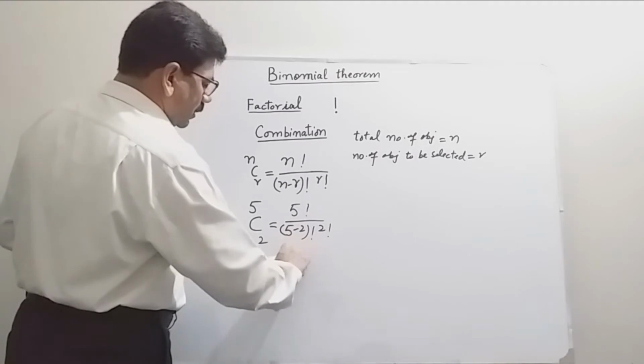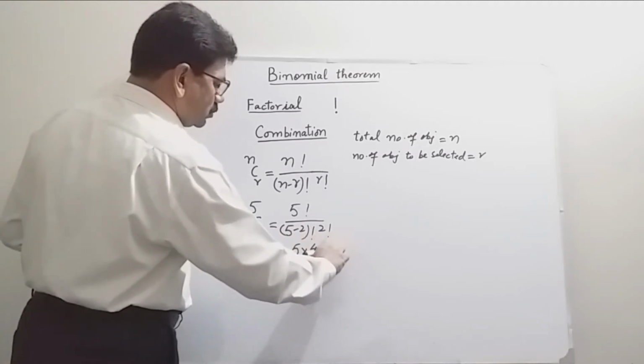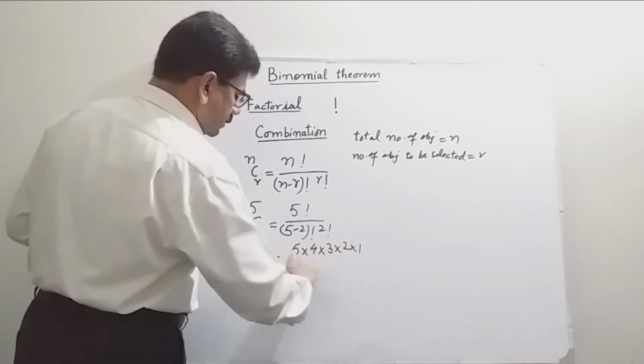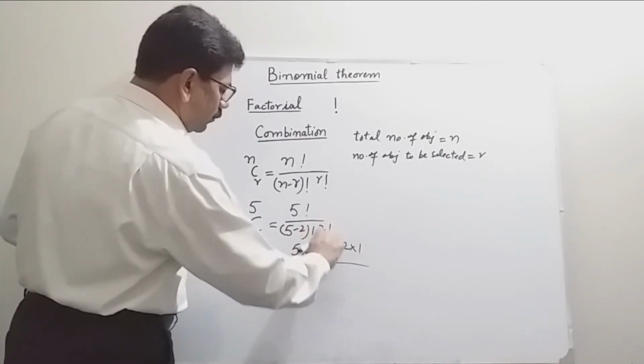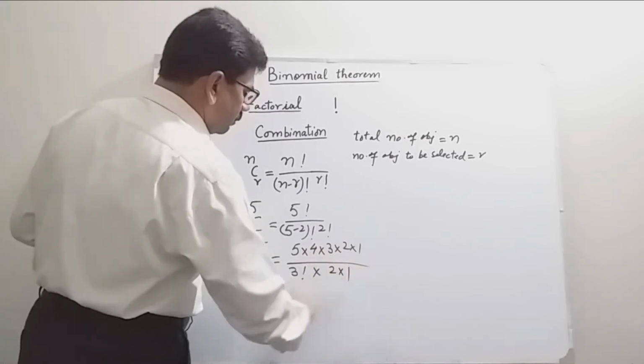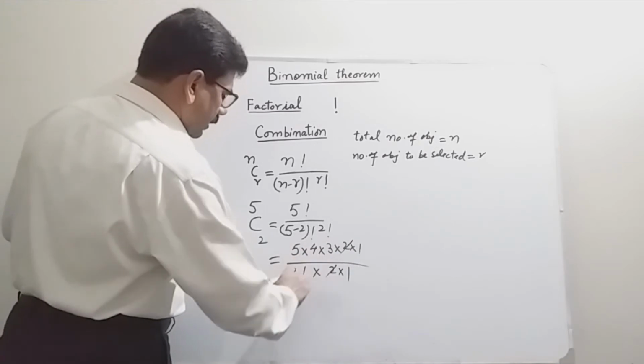Now 5 factorial is actually 5 times 4 times 3 times 2 times 1, and 5 minus 2 will be equal to 3 factorial, and 2 factorial is 2 multiplied by 1. Now 2 will be cancelled with this 2.